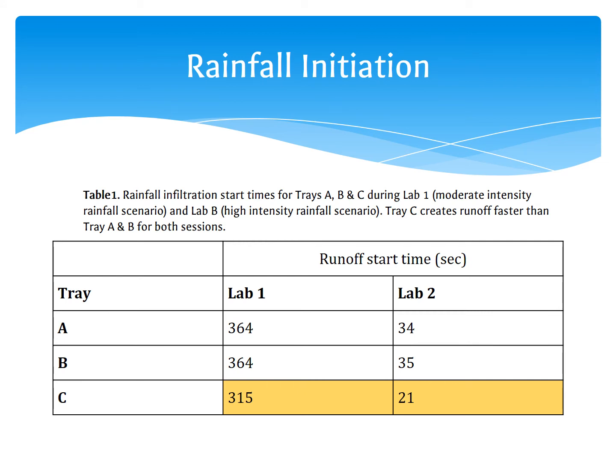Tray A and Tray B showed similar rates to runoff in both experiments. This indicates that Tray C as a replicate was dissimilar to the other 2 trays and therefore has slightly different characteristics that need to be considered before determining mean erosion rates of the 3 replicates.